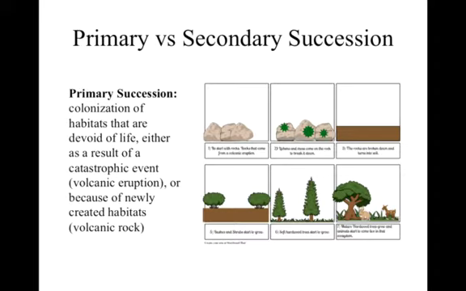A good example is Mount St. Helens, near the blowdown area, nothing survived. There was nothing left in that area. You can also have bare rock exposed because of newly created habitats. Say you had a volcano go through and some big volcanic rock ends up deposited in an area. That may not have killed anything per se in the area, but it's newly exposed habitat with nothing living on it.